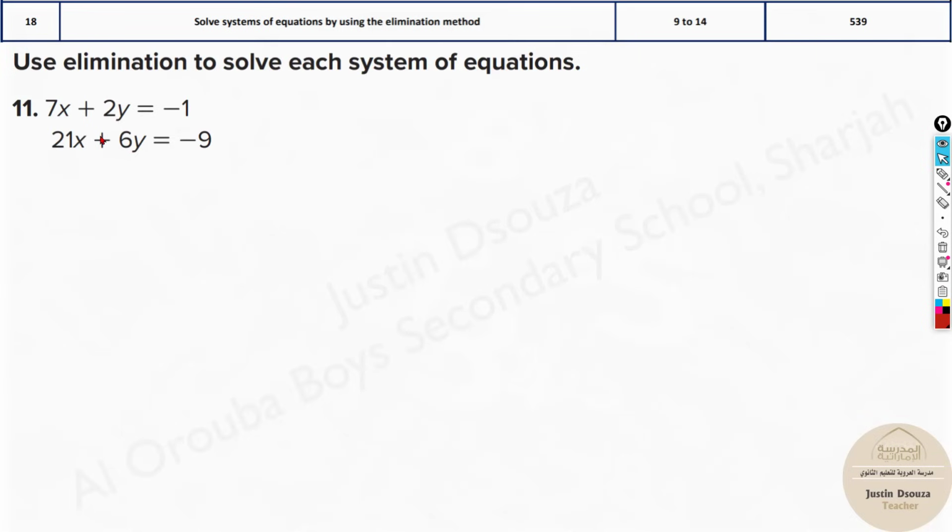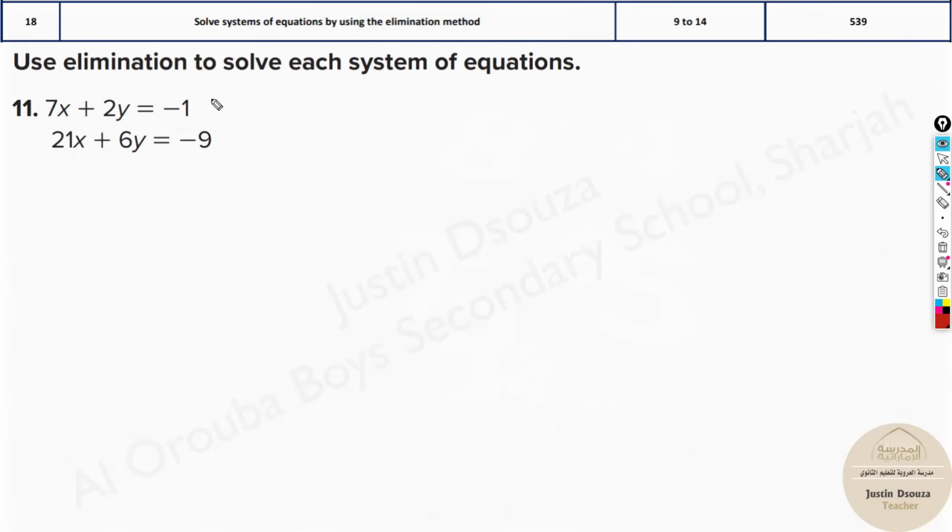Why? Because over here both are positive. In both the equations, the coefficients of both the variables are plus and plus. What do you do in such cases? Take the easier number. Now I'm not going to choose 7 and 21 because they're huge, right? You would have to multiply throughout by 21. I mean, it's possible, you have calculators, but still I'll choose 2 and 6, which is easier.